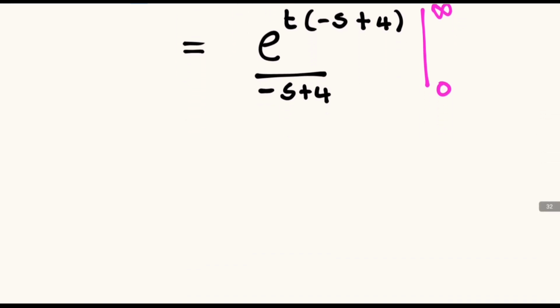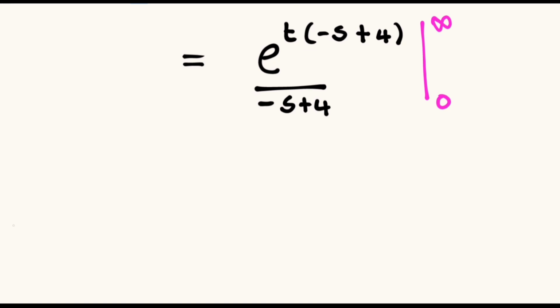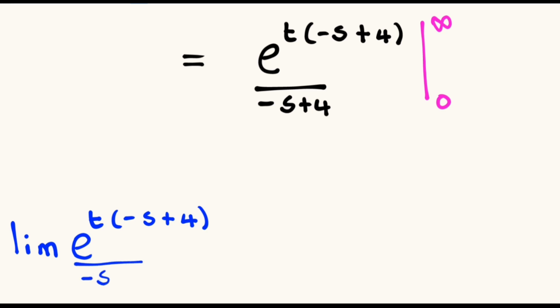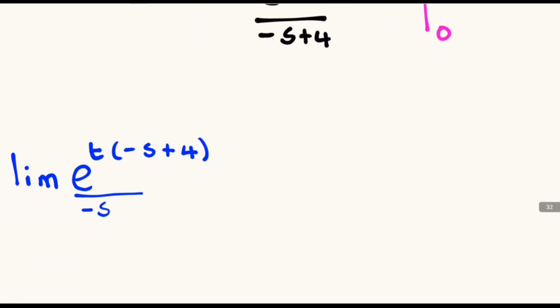And from here we have to substitute our limits, but we cannot substitute the infinity directly, so we look for the limit of the e raised to the power t into negative s plus 4 divided by the negative s plus 4 as the t approaches infinity.